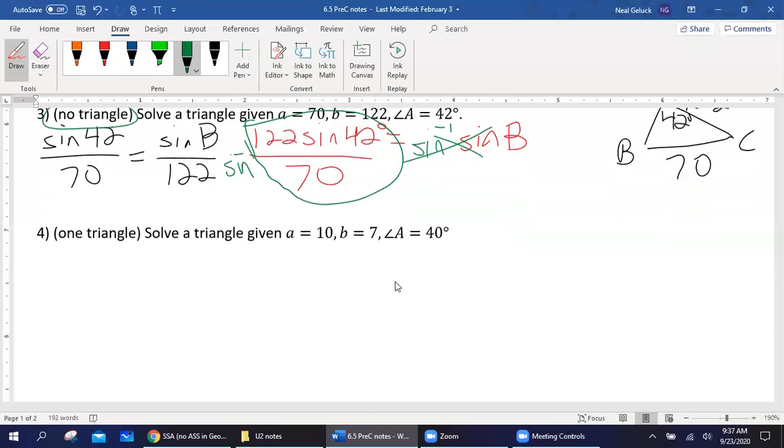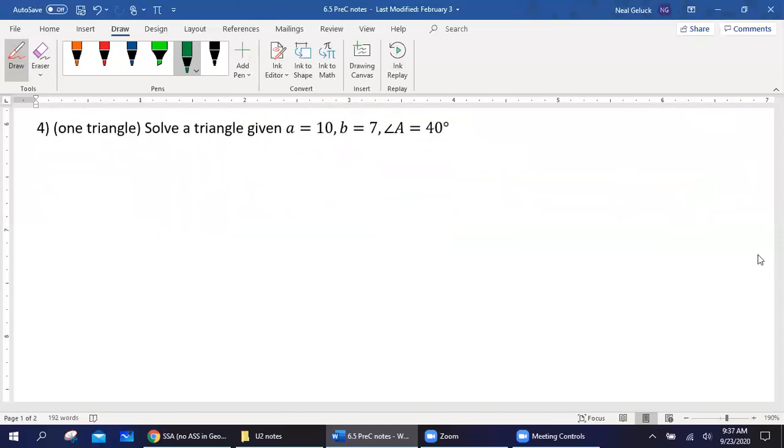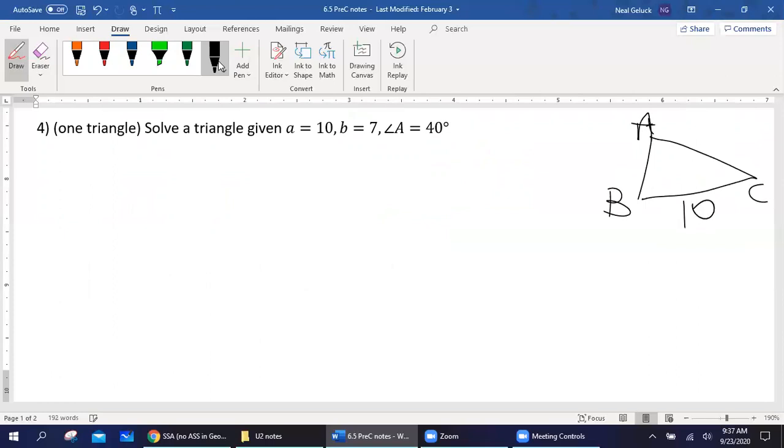What about if there's one triangle? So again, angle side side, I'm going to do the same thing. Sine 40 over 10 equals sine B over 7.